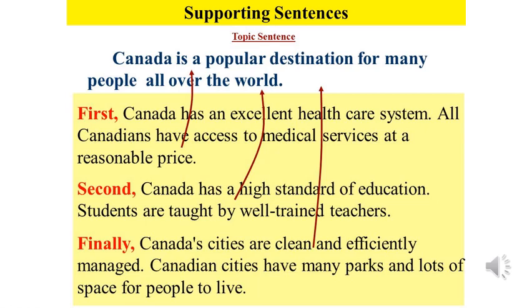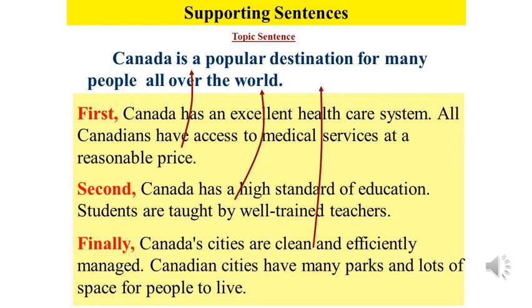Let's read once again the topic sentence. Canada is a popular destination for many people all over the world. Here, the supporting sentences. First, Canada has an excellent health care system. All Canadians have access to medical services at a reasonable price. Second, Canada has a high standard of education.